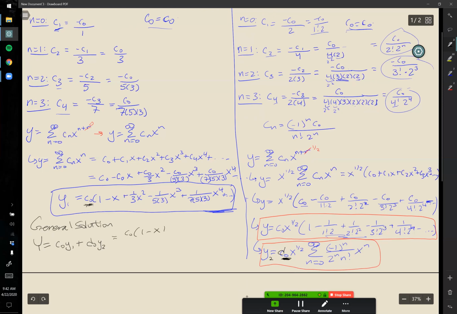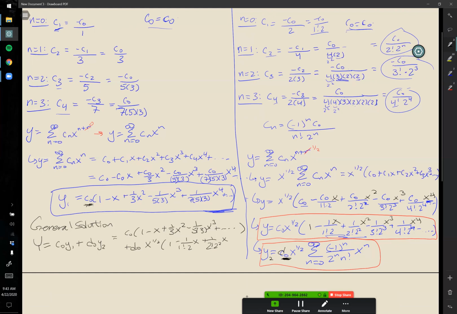Which you could write out pretty nicely. It'd be C naught times 1 minus x plus 1/3 x squared minus 1 over 5 times 3 x cubed plus da da da da, plus D naught x to the half times 1 minus 1 factorial over 2 x plus 1 over 2 factorial 2 squared x squared minus 1 over 3 factorial 2 cubed x cubed plus yada, yada, yada.